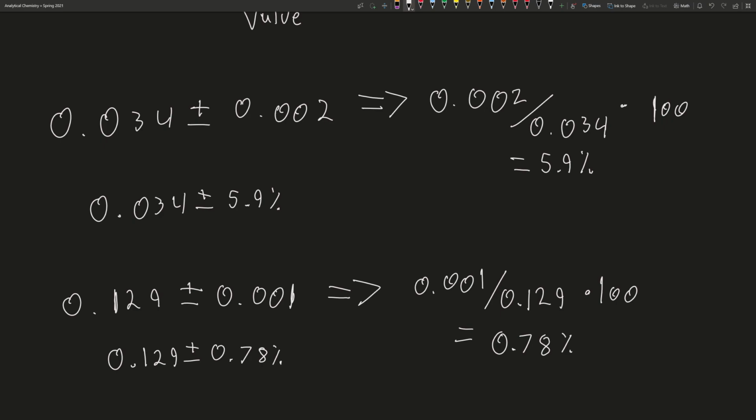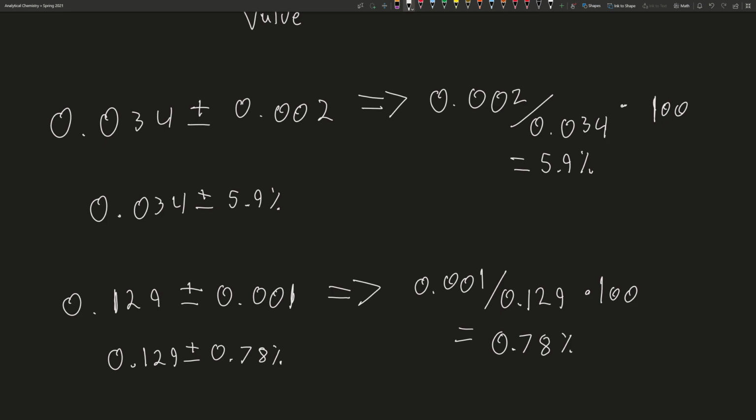You just take whatever the plus or minus is, form this division, and multiply by 100, and you'll get the percentage. Normally, you will see things expressed as an absolute uncertainty. The reason I'm not performing any rounding on these is that usually with relative uncertainties, we're plugging them into a formula, as you'll see in the next example.